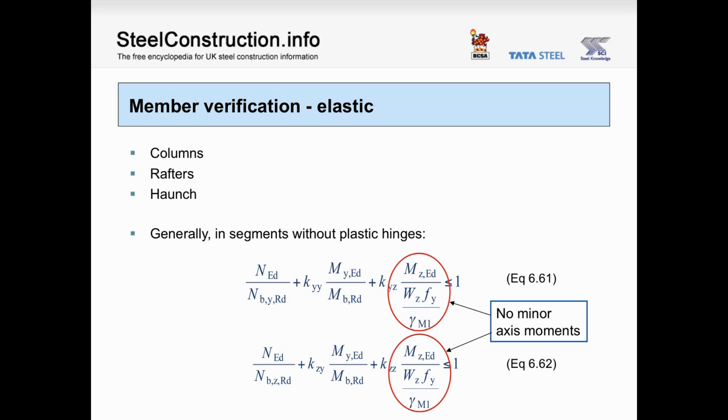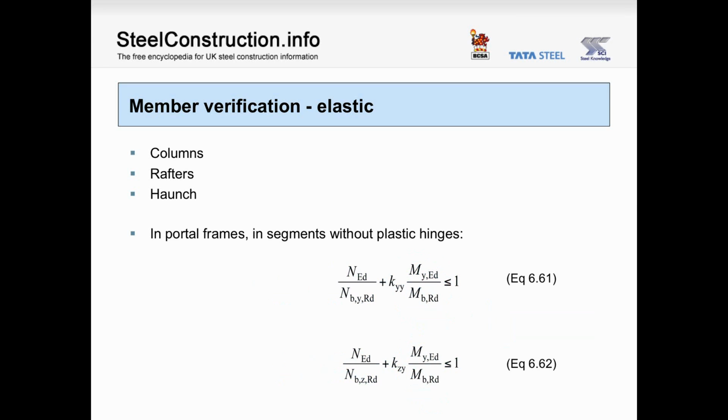However, the third term in both of these expressions is the minor axis moment divided by the bending resistance in the minor axis. In portal frame construction, of course, we don't have a minor axis moment, and therefore these interaction expressions reduce and consist just of two terms.